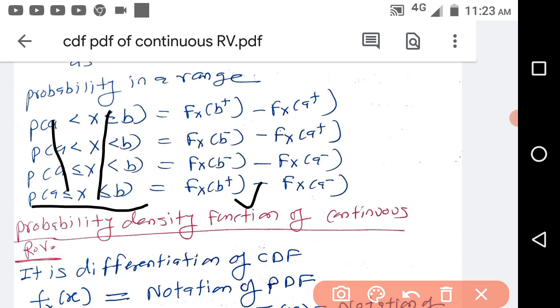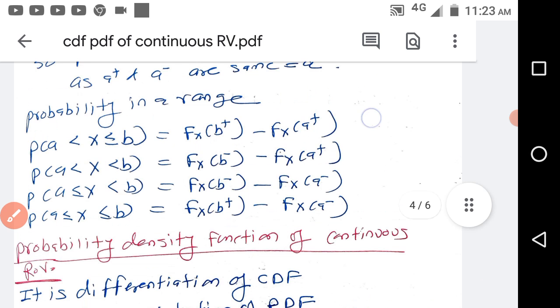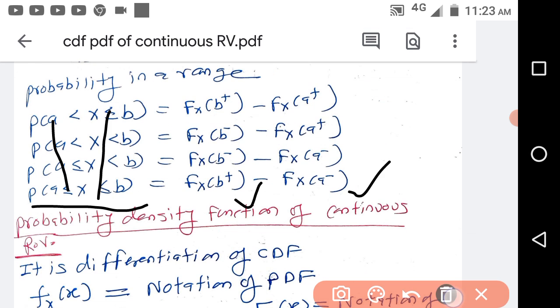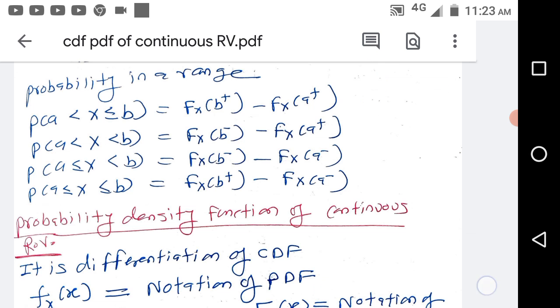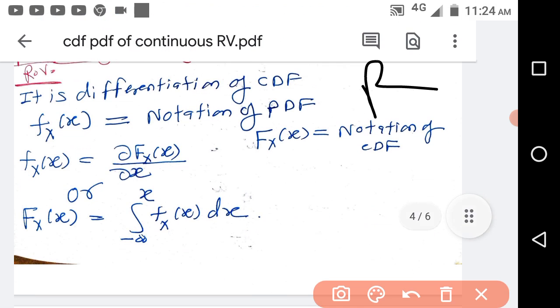Inequality is required, so a minus is used. So our reference is this one, and the important point is you have to take the difference of the CDFs between the endpoints of the range where you want to find the probability. Now let us see what the probability density function is. The notation for the probability density function is small f.